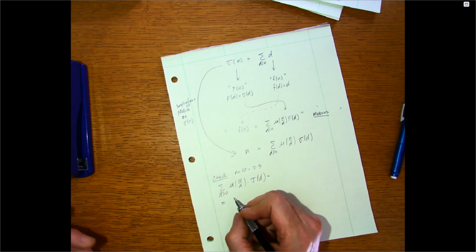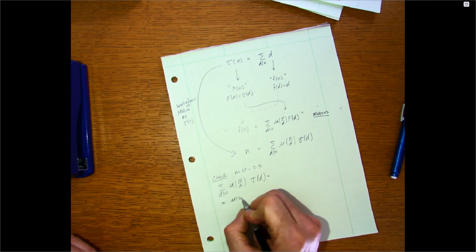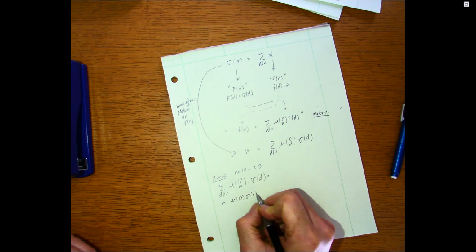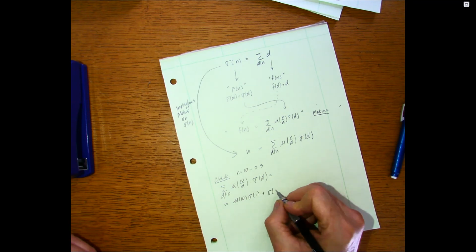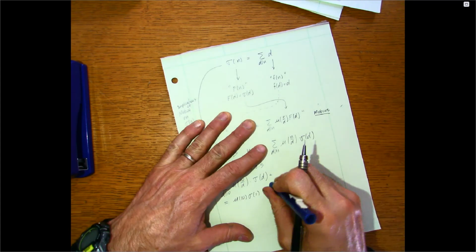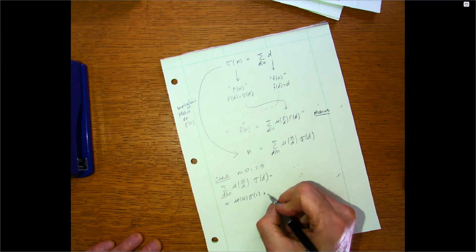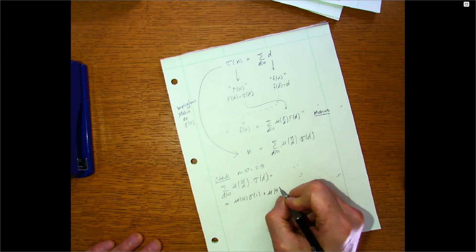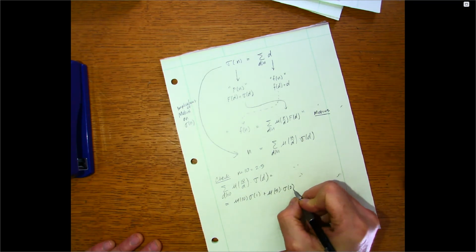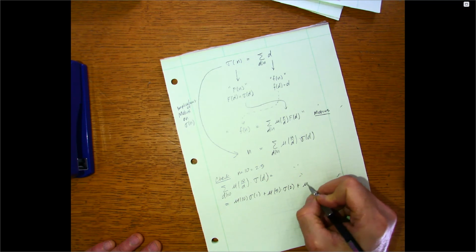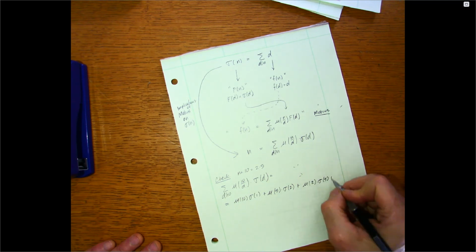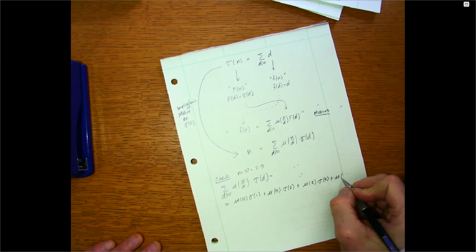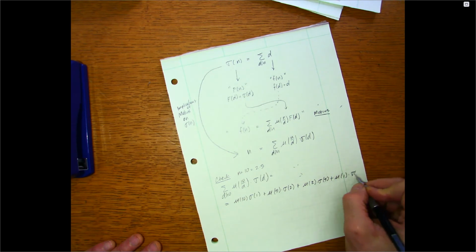So let's see, it would be mu of 10 sigma of 1 plus, sorry, not mu, sigma here, mu of 5, let's do them in reverse order, mu of 5 times sigma of 2 plus mu of 2 times sigma of 5 plus mu of 1 times sigma of 10.